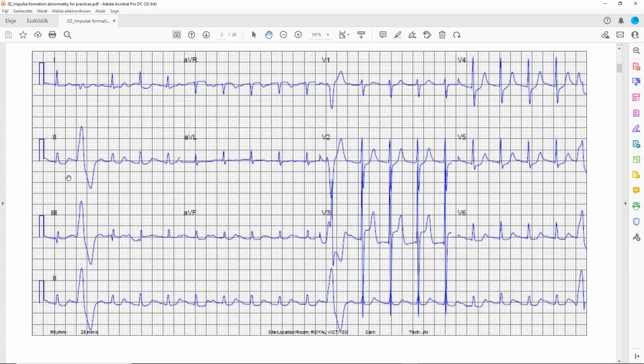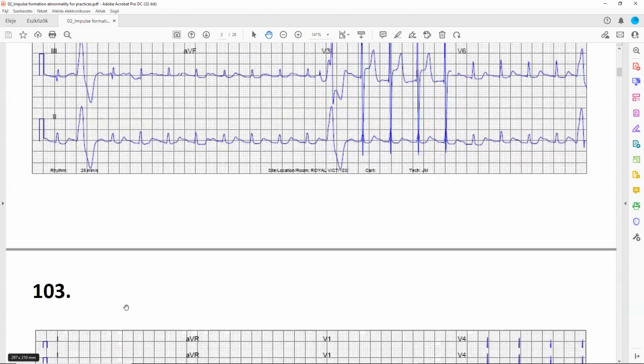Yes, it's a ventricle premature beat. And when you compare the ventricle premature beats, they look the same within one lead. So I would say that it originates from only one focus, so it's a monofocal ventricle premature beat. Very good.